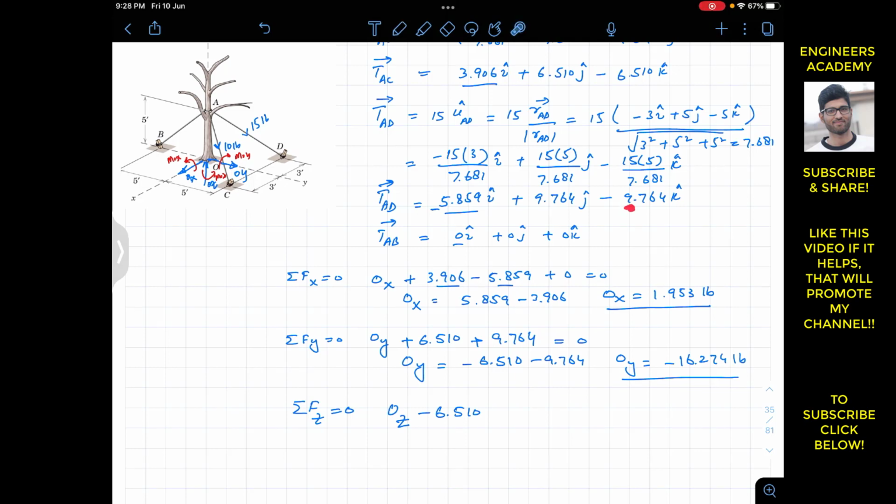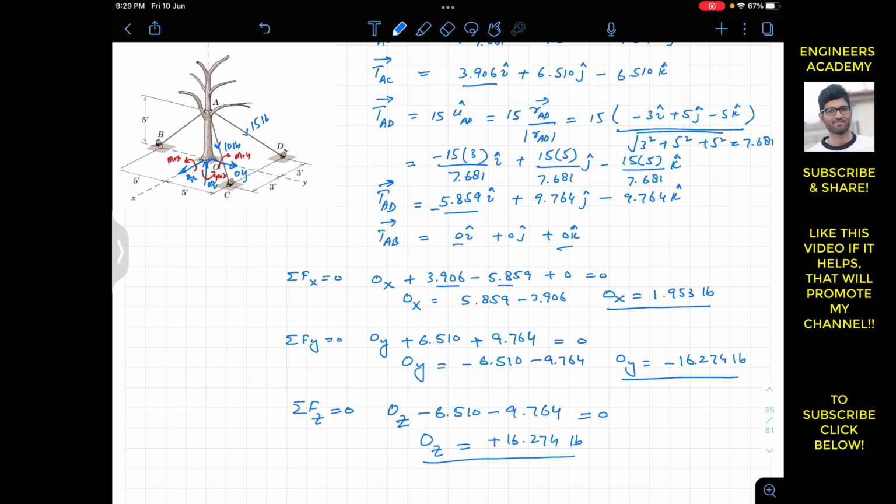And then we have this minus 9.764, and then this 0. So this is plus 0. This will be equal to 0, and from this we can write that OZ is equal to plus 16.274 pounds. So this is OZ.